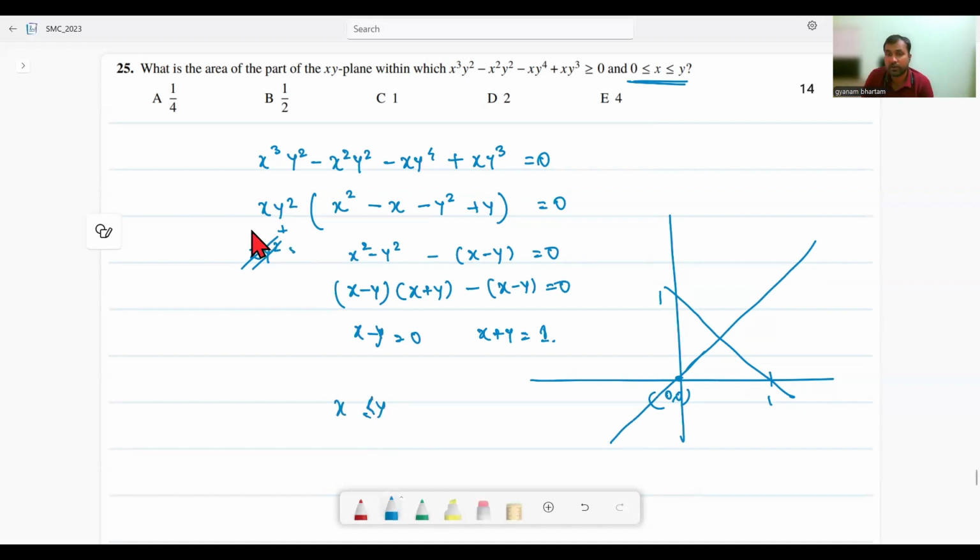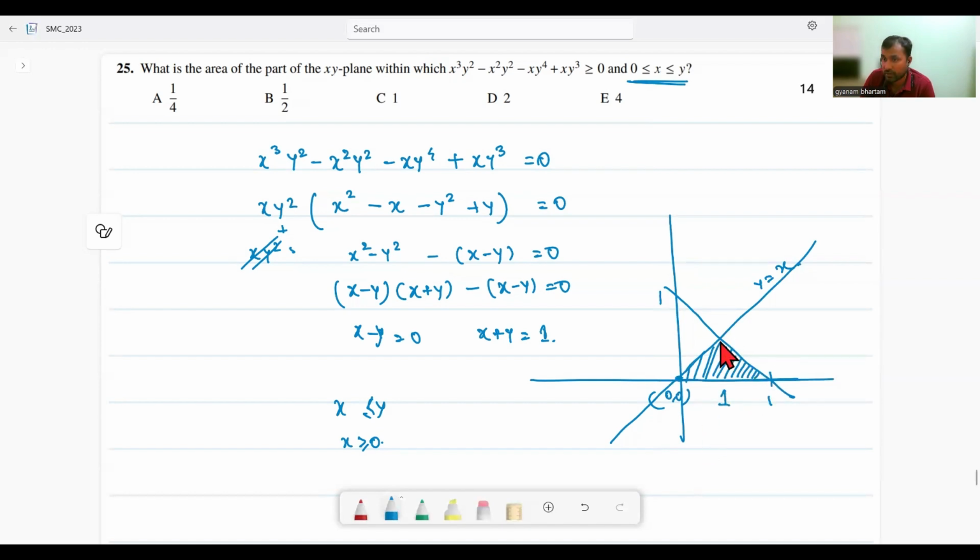This is the reason we removed this part. We are just assuming the first quadrant. So it should be below the y equal to x line. It should be below every point, and this should be enclosed. One more thing is that x is greater than or equal to 0, so we have to assume the x-axis. So this is the enclosed area we have.